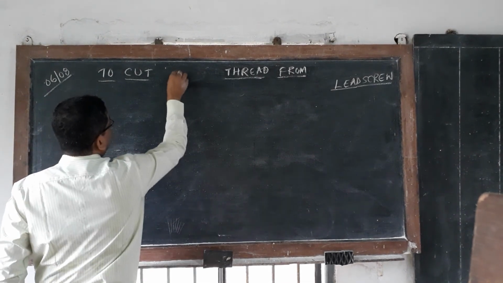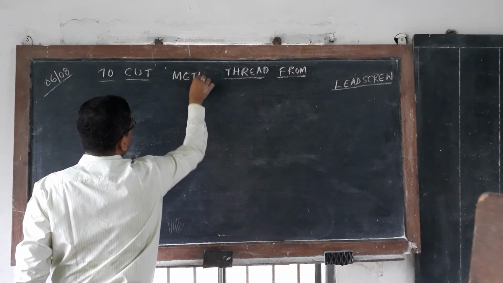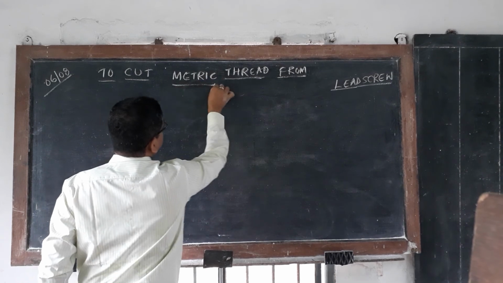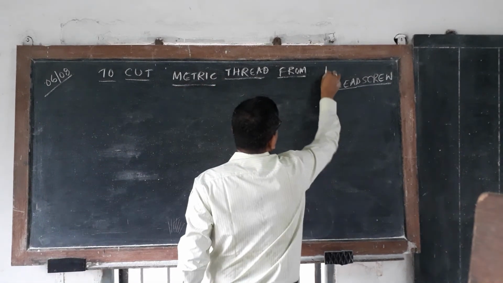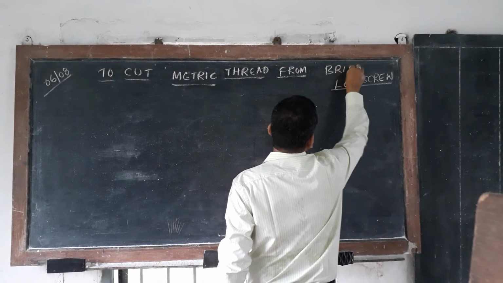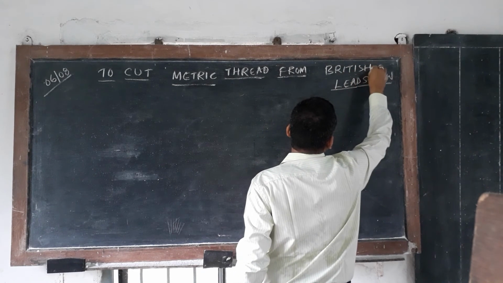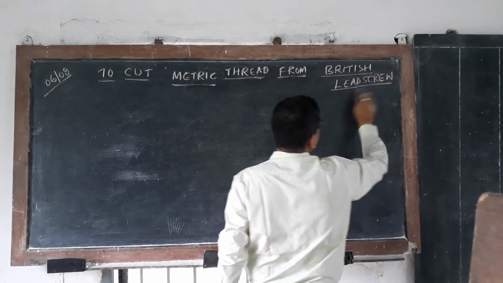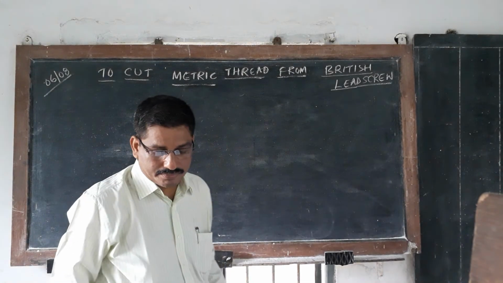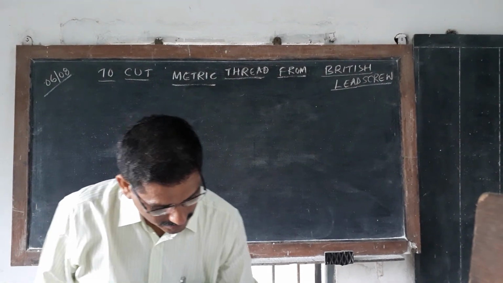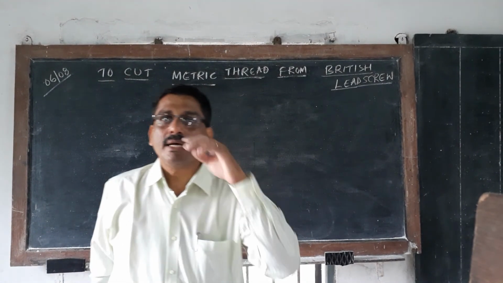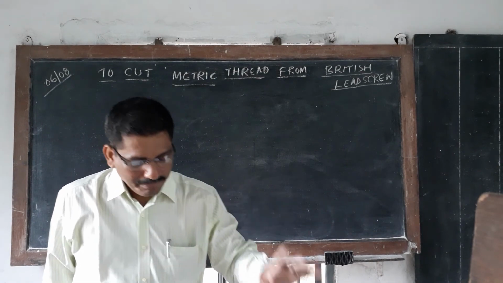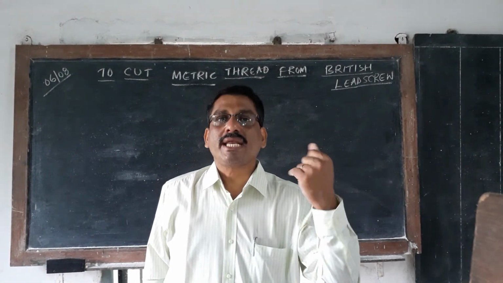Cut metric thread from British lead screw. So we will take any one pitch, about 3 mm pitch.